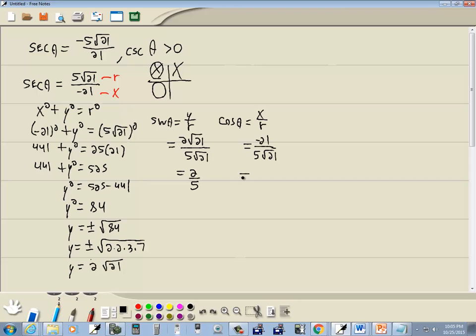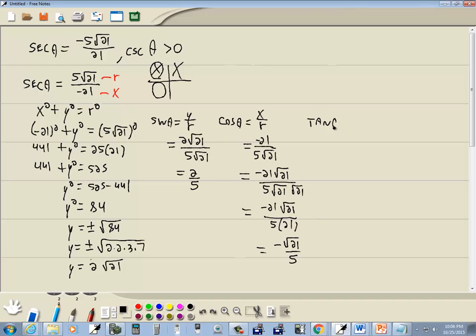This doesn't look so nice. Multiply top and bottom by the square root of 21. So I got negative 21 square root of 21 over 5 square root of 21 times square root of 21, which gives us negative 21 square root of 21 over 5 times 21. And those 21's cancel. So we got negative square root of 21 over 5.